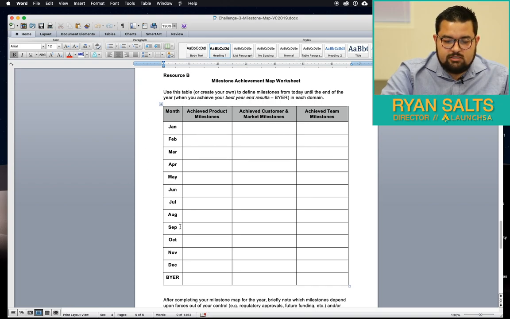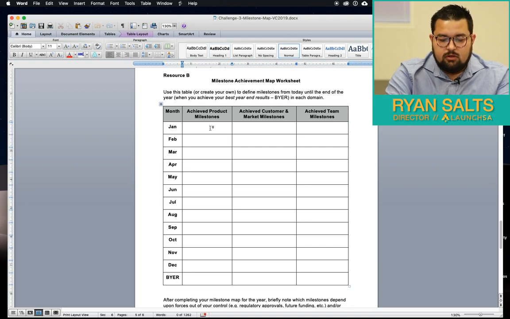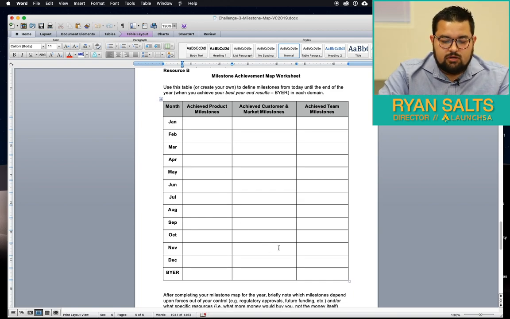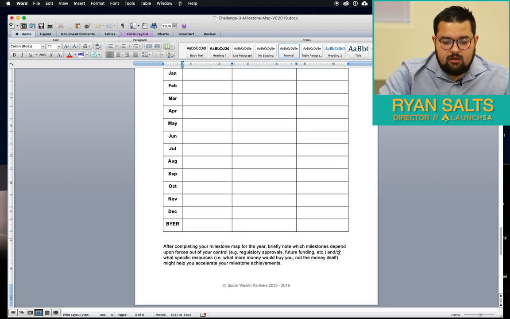So you notice in this, Resource B, this is actually a document that you can type into. I'm just going to show you that that's feasibly possible. This is a Word document, so you can go ahead and enter that in, and as you save it, you have the opportunity to print or save just the submissions that you've done, and return those to us directly.